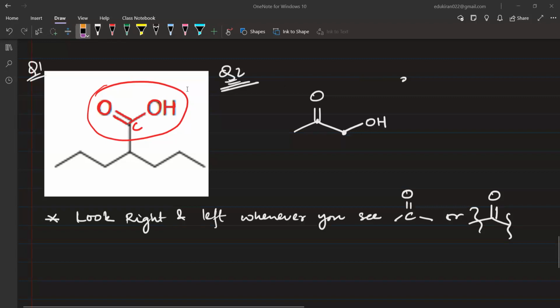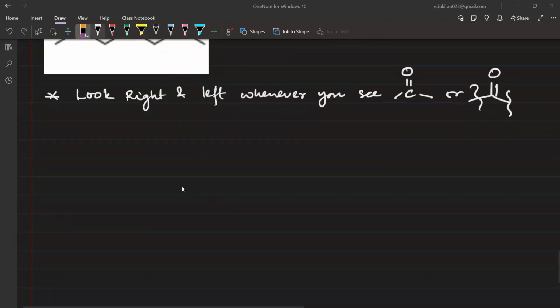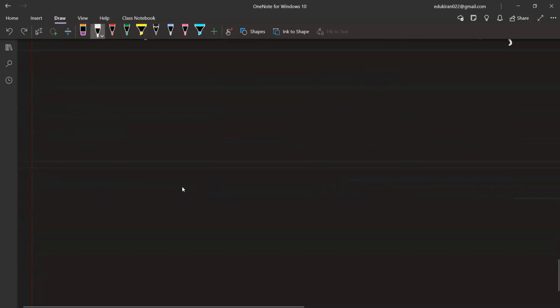Now, just to remind you guys, for the C double bond O, it is going to be a bit difficult. Otherwise, it's going to be fine. Here you have C double bond O. I'm just going to write it like this. C double bond O. If it is having OH, then it is acid, oic acid, right?